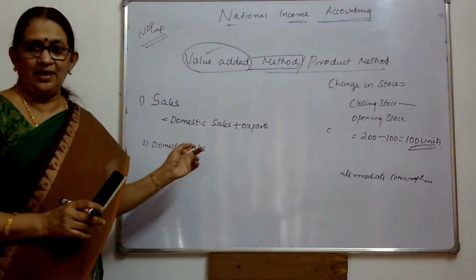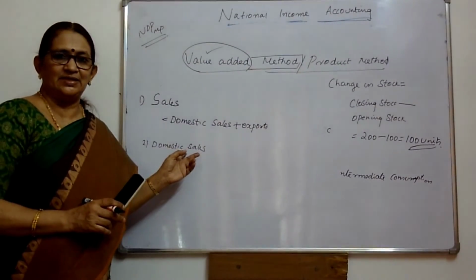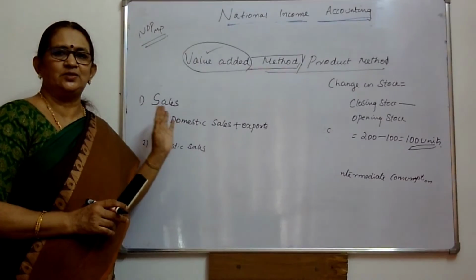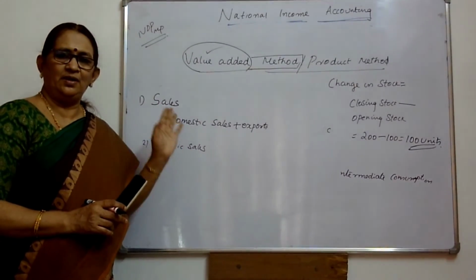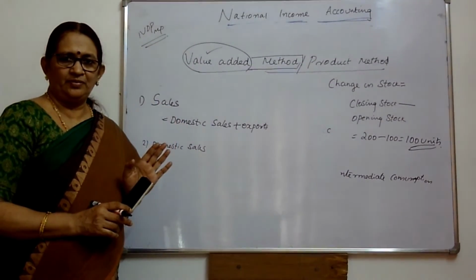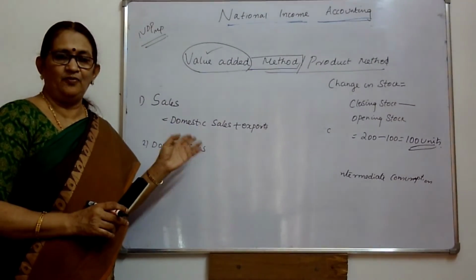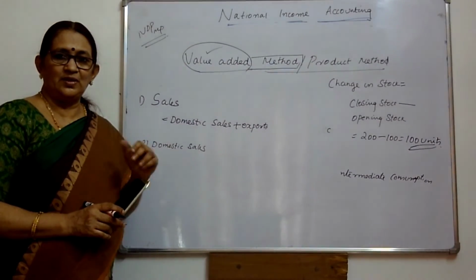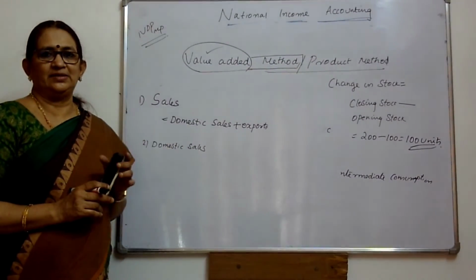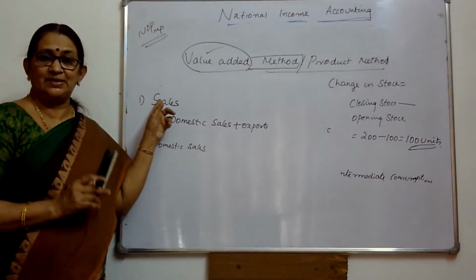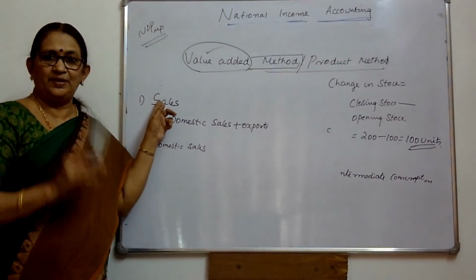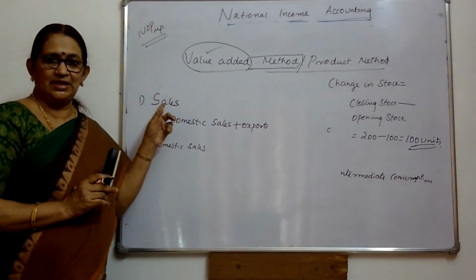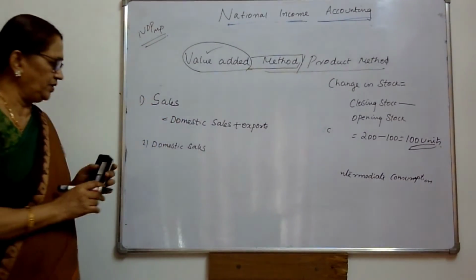You have to add export to domestic sales. Then only you will get the value of sales. Sometimes only domestic sales will be given. No problem. You take it as sales. It can be understood that the firms have not purchased from abroad. So different ways the question will be asked. Sales include domestic sales, sales within the country, and export. So sales is equal to domestic sales plus export.